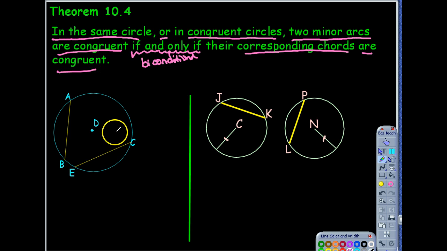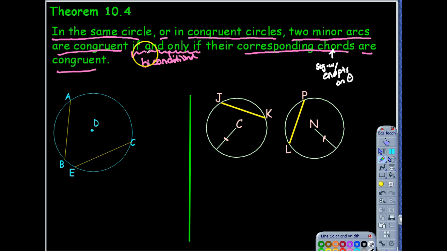We haven't talked about chords yet today. So let's refresh our memory on that vocab term. What is a chord? A chord was just a segment with endpoints on the circle. So like in that picture on the left, segment AB and segment EC are both chords. Exactly.